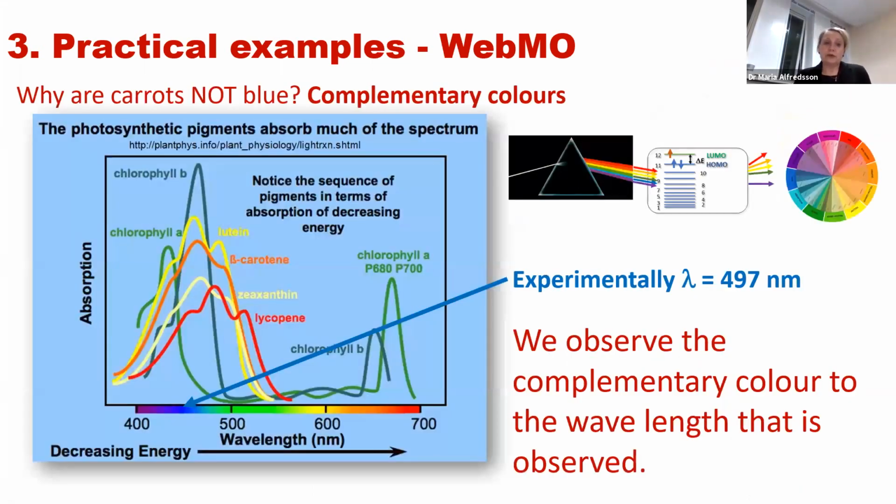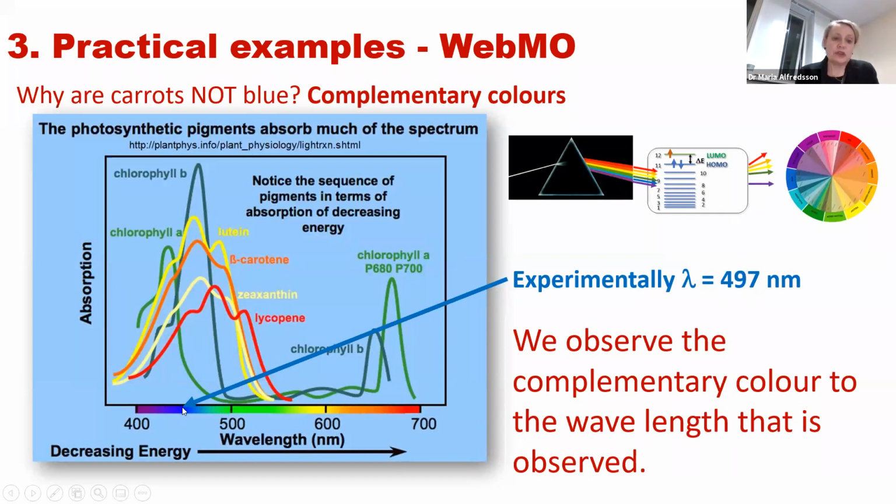So what we can do to prove that it is blue is put our carotene in a UV-VIS, which is a piece of equipment. We see which of these colors is absorbed. If I follow carotene, which is this orange line, I will see a peak at about 497 nanometers.